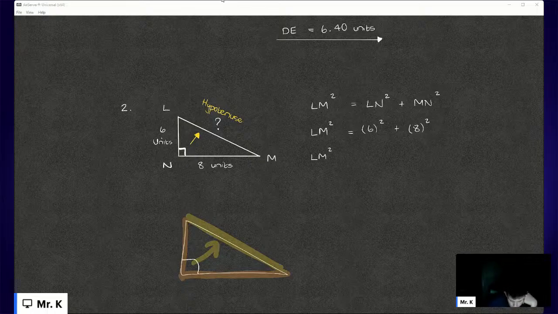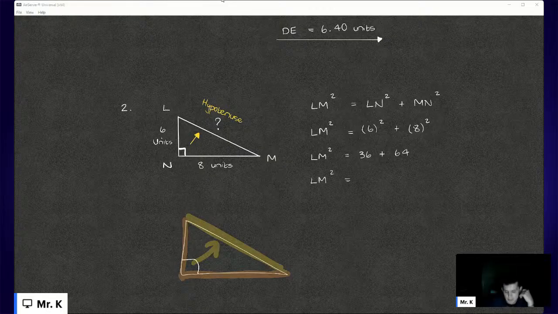For those of you that don't have your calculators, 6 squared is 36, and 8 squared is 64. So LM squared, the hypotenuse of our triangle, has a total length of 100.